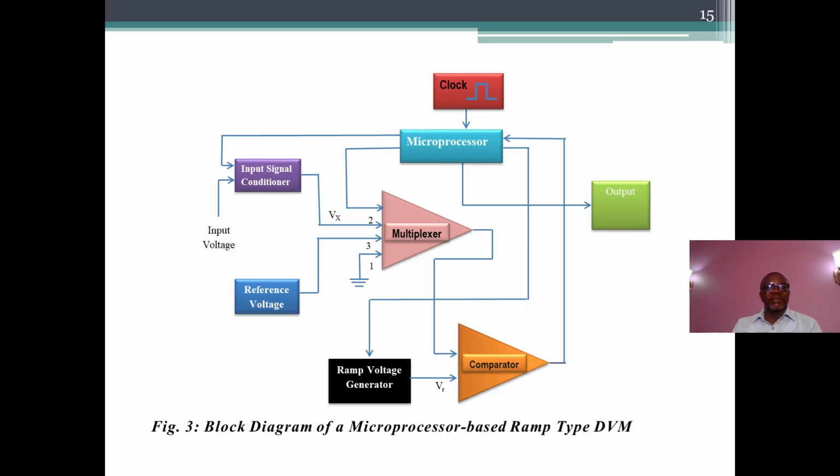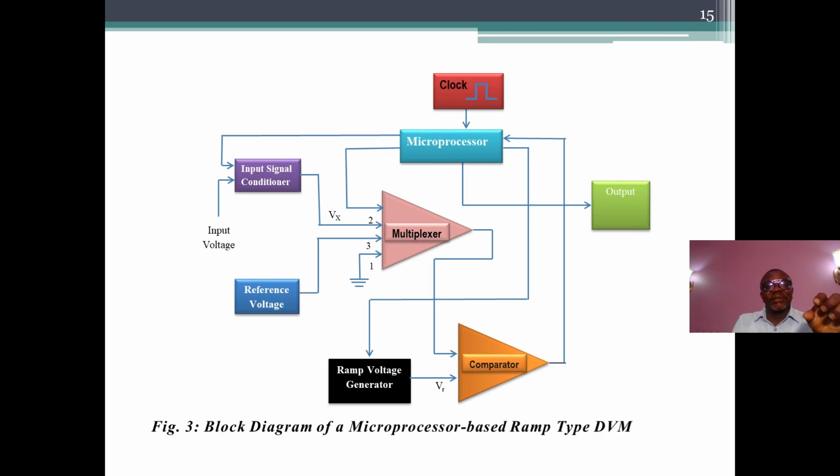So what happens here is, if you look to the left, the block that is painted in purple, you see the input voltage you are to measure will come in. At the rest state, the microprocessor is attached to that input signal conditioner. When we talk of signal conditioners, we talk of things like filtering to make sure that there are no harmonics in any form, that it is exactly the signal we want that we are handling.